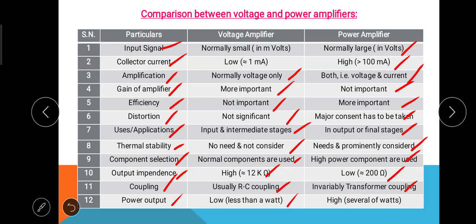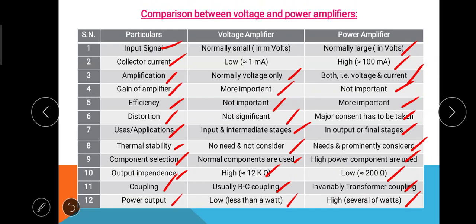But in case of power amplifiers, the output power level is high and it may vary from a few watts up to a few kilowatts. So this is the basic difference between voltage amplifiers and power amplifiers.